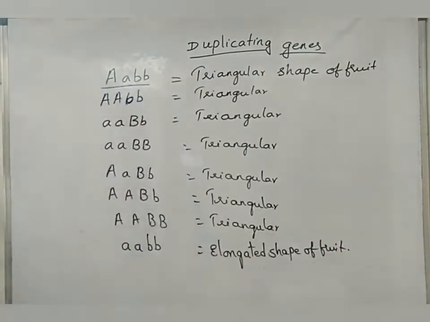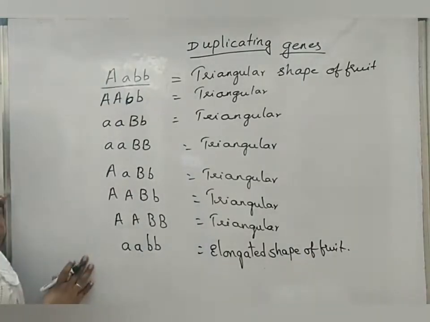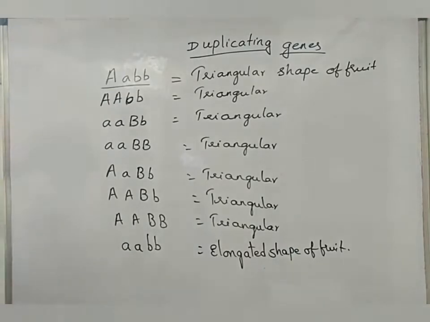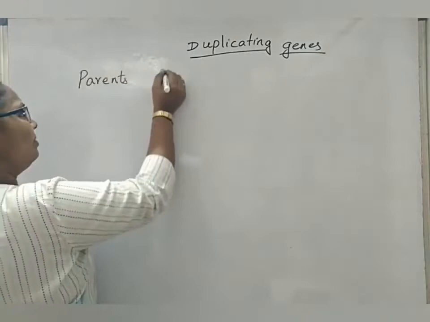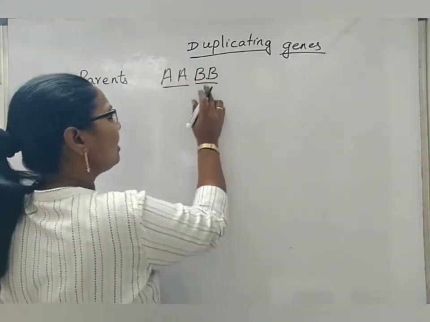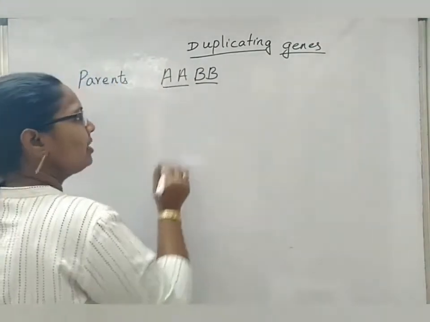Let's take the parental combinations which are responsible for such allele pairs, and we will represent that in a Punnett square. If you take parents having both dominant allele pairs, these are responsible only for one type of shape of the seed.